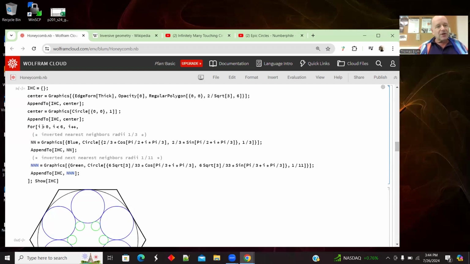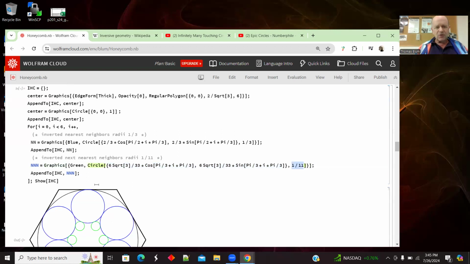So here, the new thing here are the NNN. But I'm doing the inverted honeycomb. And these are the next nearest neighbors in the inverted honeycomb. So I had to find the centers of those circles. And that came out to be this funny 6 square root of 3 divided by 33.